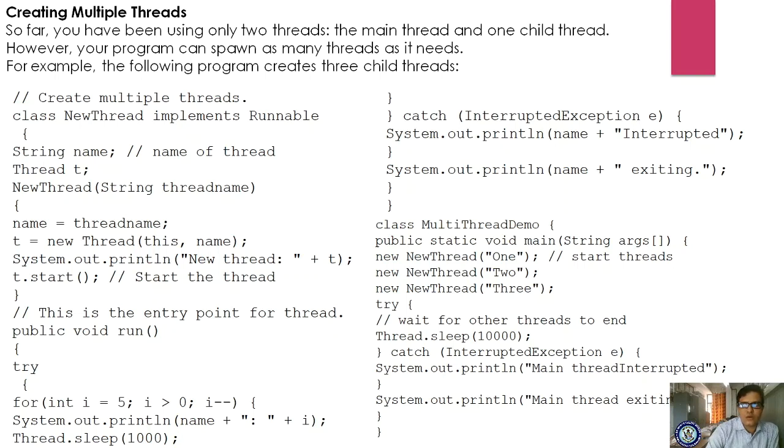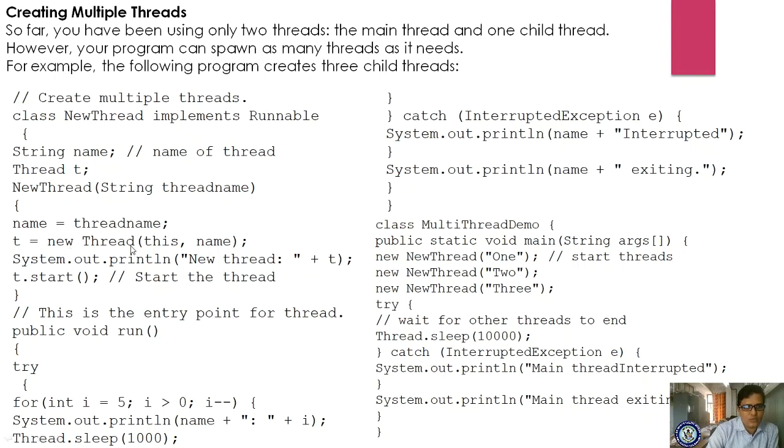Now let us see what you are defining here. Whatever the string new thread, this is the constructor, you are supplying the name of the thread. The name you are supplying is 1, the 1 will come here, and in the name it will store 1.